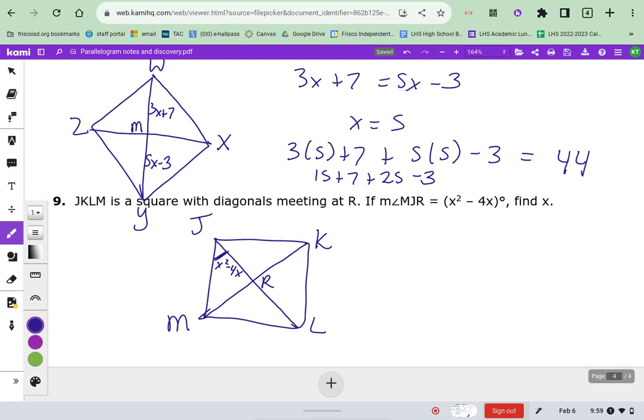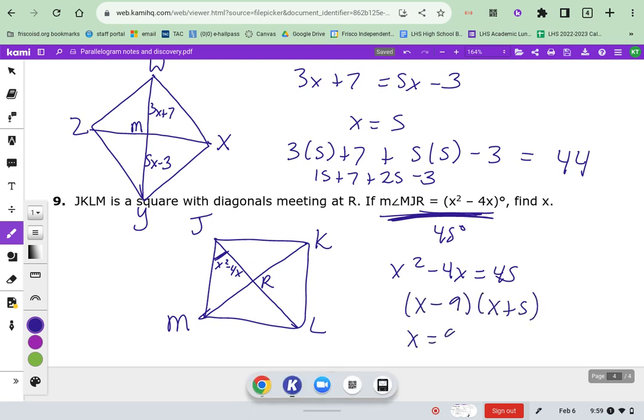Well, in a square, diagonals bisect opposite angles, and the angles are 90, which means that this angle should be 45 degrees. So x squared minus 4x equals 45. Again, you're going to factor. Hopefully when you factored, you got x minus 9 and x plus 5, which means that x equals 9 or negative 5. When you plug those back in, both give you good possible solutions, so you have 2 possible solutions for x.